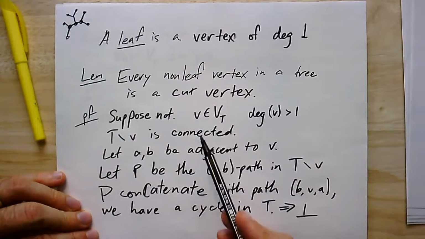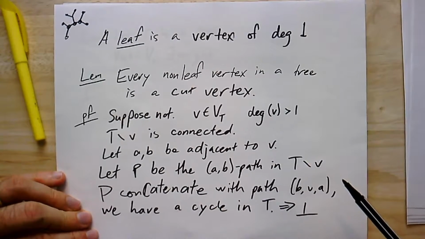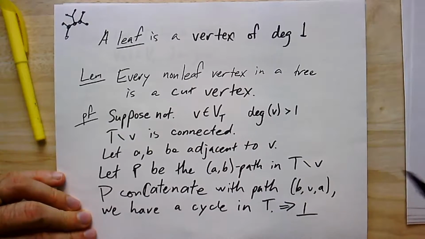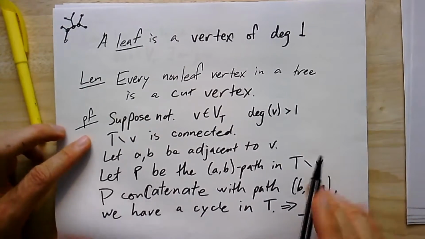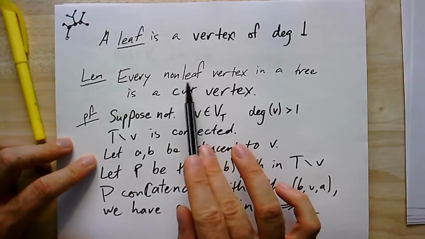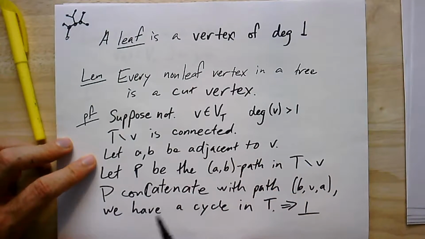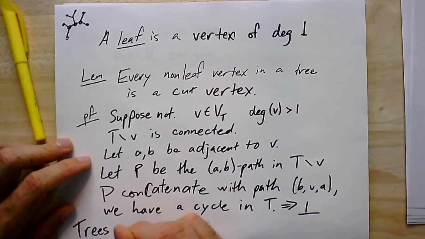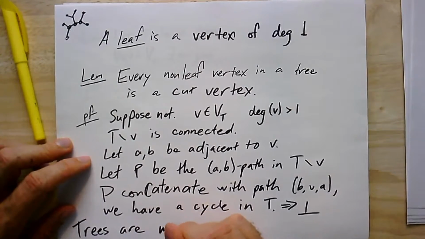And so we conclude that, in fact, such a vertex cannot exist, right? We derive this contradiction that we found a cycle in a tree, which should not happen. And so we know that every single vertex that's not a leaf is a cut vertex. And in a way, this means that trees really are, in some sense, minimally connected.